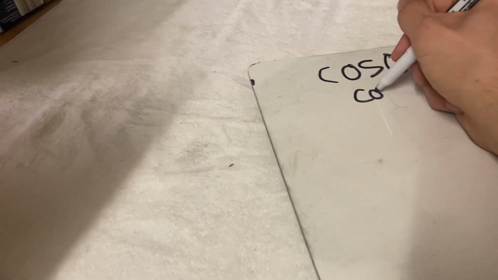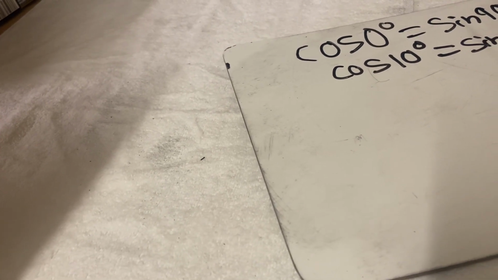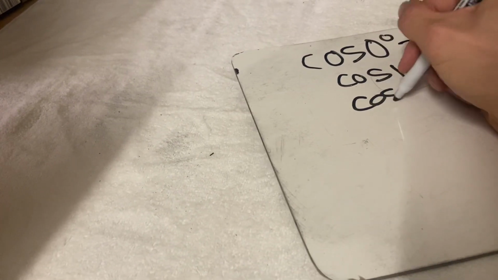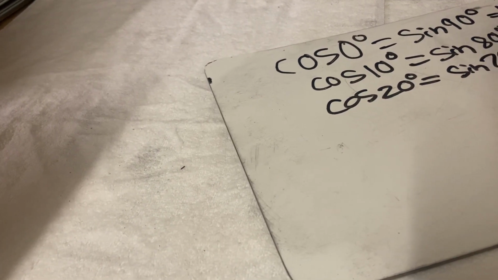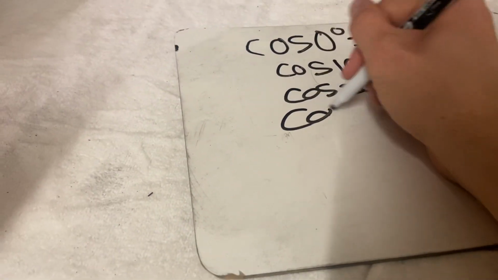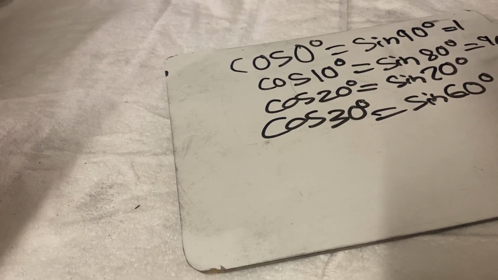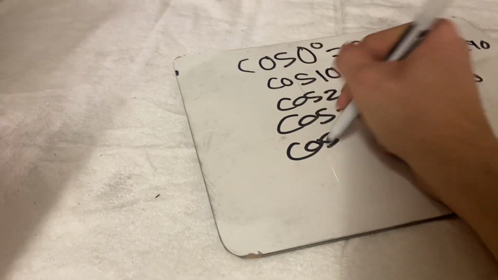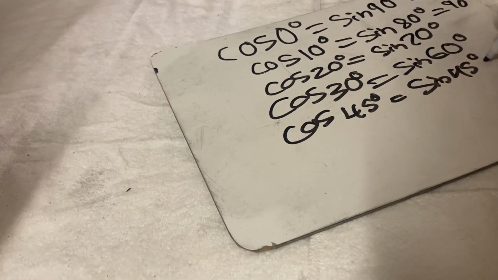Cosine 10 equals sine 80, cosine 20 equals sine 70, cosine 30 equals sine 60, and cosine 45 equals sine 45, since they add up to 90.